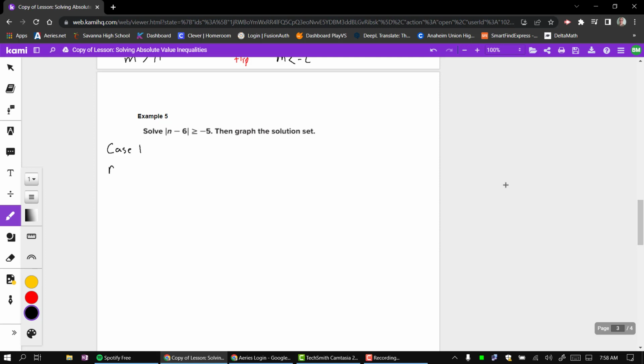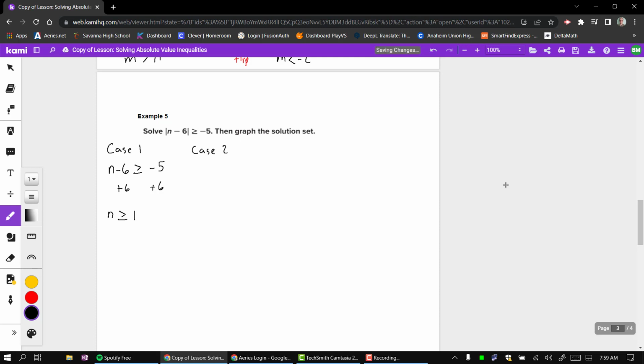So n minus 6 is going to be greater than or equal to negative 5. So I'm going to add 6 to both sides. So I get n is greater than or equal to 1. Case 2.